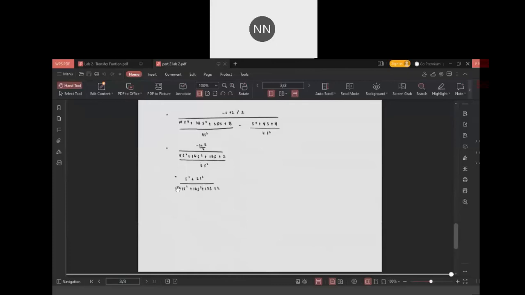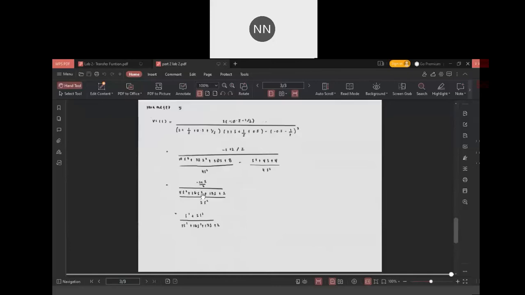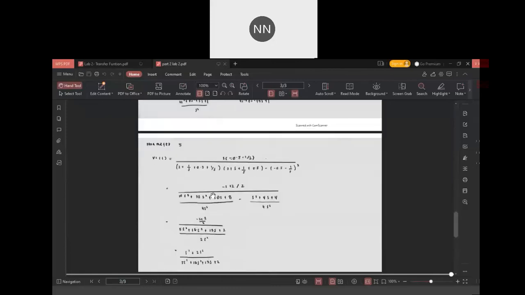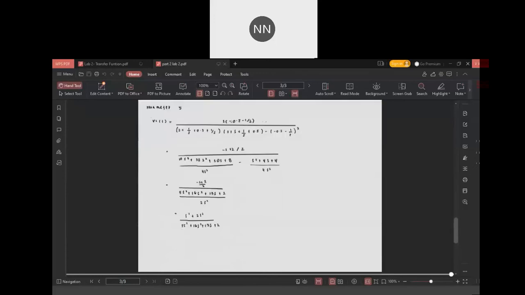The last one is parameter 5, where the answer is (s cubed plus 2s squared) over (5s cubed plus 16s squared plus 30s plus 2). We substitute and solve to get the answers for parameters 3, 4, and 5.